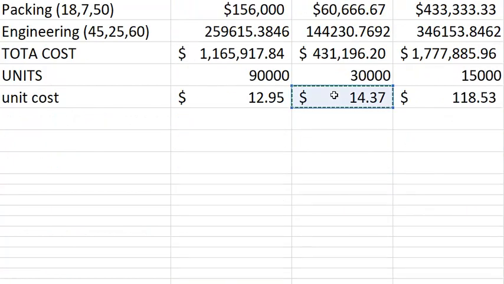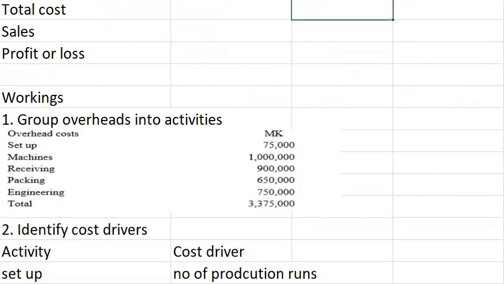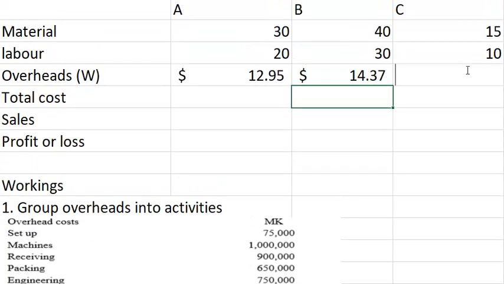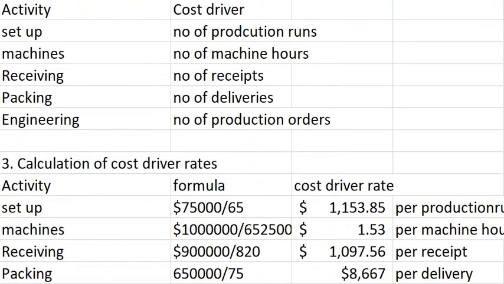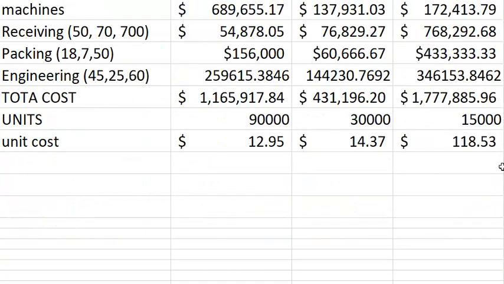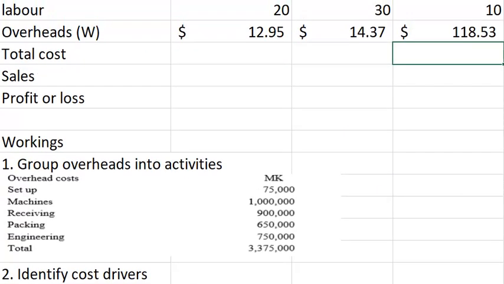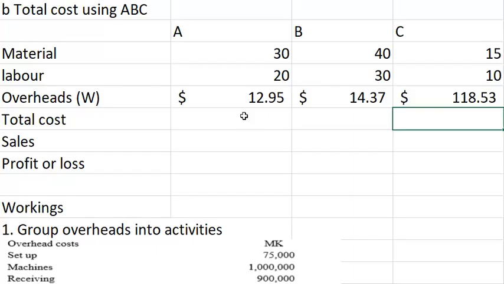I believe you people are writing. You may see we are going to copy this. Okay, so you see whatever we're doing, we're just focusing on overheads. So now let's calculate the total cost. I still have a problem with my Excel.